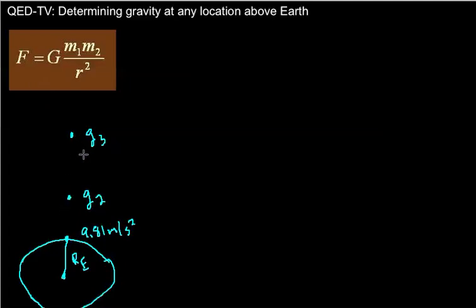We figured out in the last video, if you haven't watched it, you might want to watch it, that gravity equals big G times the mass of the planet divided by usually the radius of the planet squared, but we'll just call it the distance between any two objects, divided by the distance squared between the two objects.